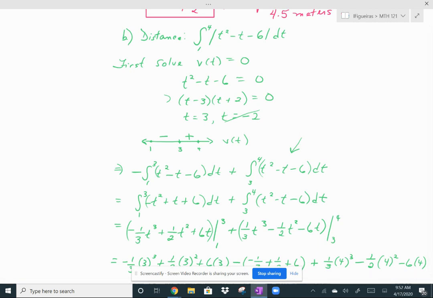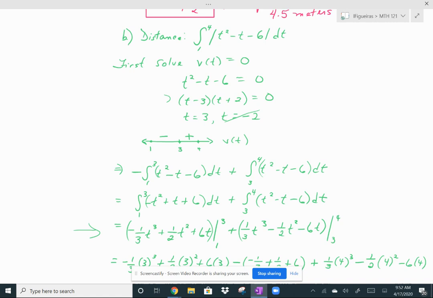All right, so we've done this trick with absolute values before with limits. In this next line, I distributed the negative to the first integral, so I'm integrating negative t squared plus t plus 6. The second integral stays the same. Now we're ready to take the antiderivative. When we take the antiderivative, you no longer write your integral symbol and your limits go to the right.